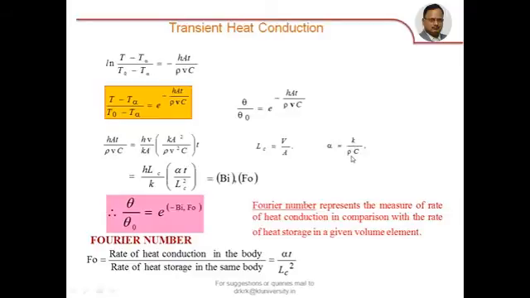Alpha is conductivity over rho C, which becomes something like heat capacity, heat storage. So Fourier number is the ratio of rate of heat conduction in the body to that of rate of heat storage within the body. It is alpha t by LC square. It represents the measure of rate of heat conduction when compared to that of heat storage in a given volume element.